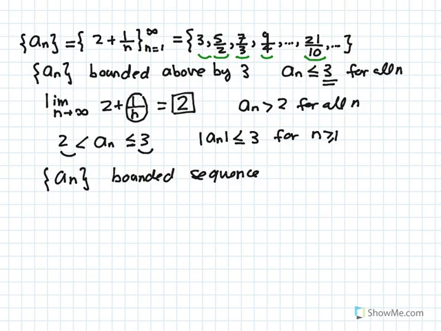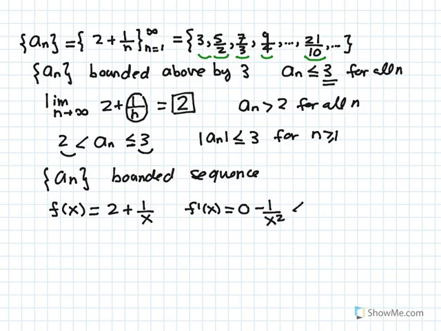So let's do that. We can look at a derivative, f of x is equal to 2 plus 1 over x. Let's take the derivative and prove that the derivative is negative and hence the function is decreasing. So we're basically using the stuff we learned in calculus for a function of x. So f prime of x: the derivative of 2 is 0, and the derivative of 1 over x is negative 1 over x squared.